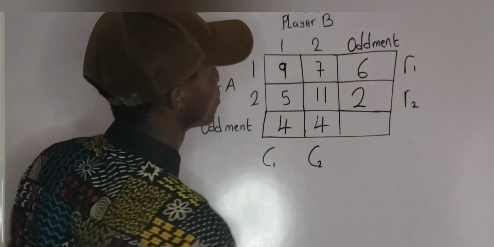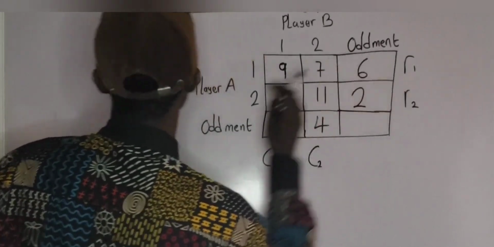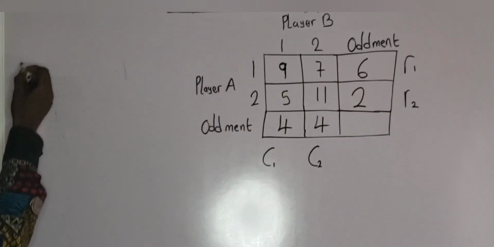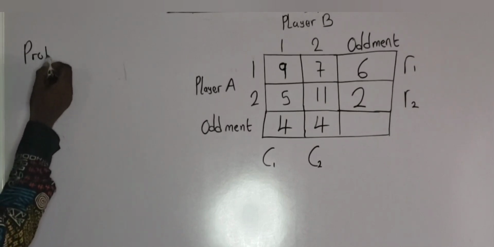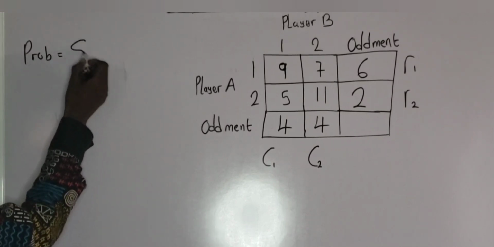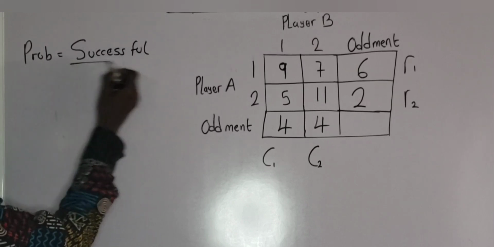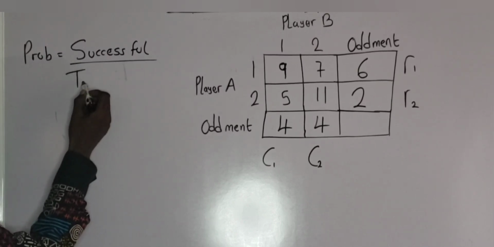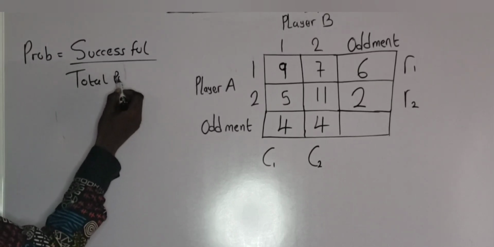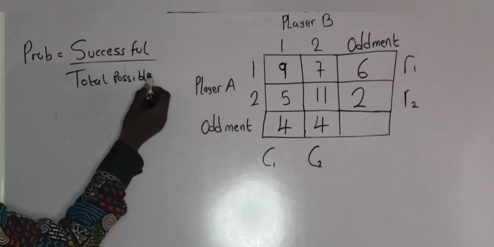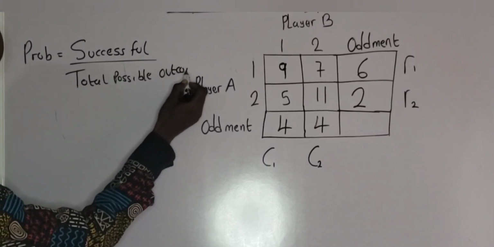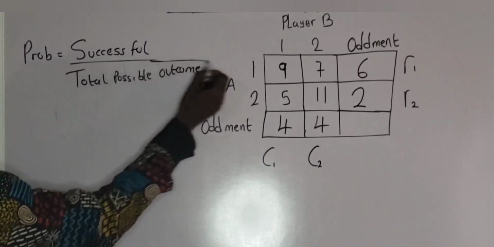Do you understand? So the probability of 6, don't forget, the formula of probability is the required successful outcome all over the total possible outcome. Do you understand? That is the general formula of probability.